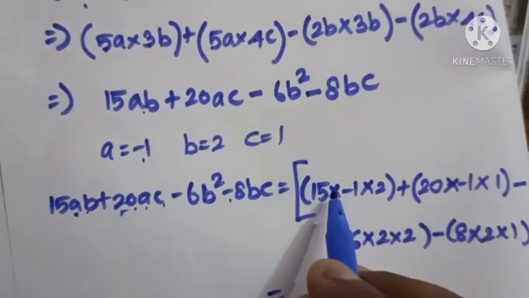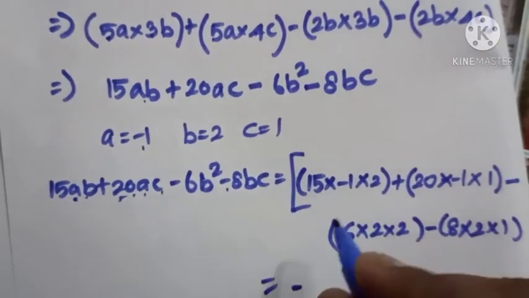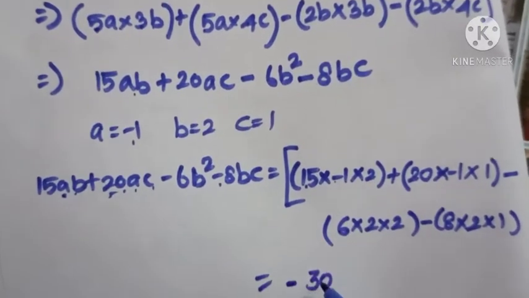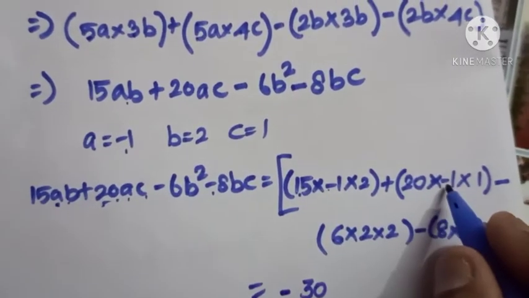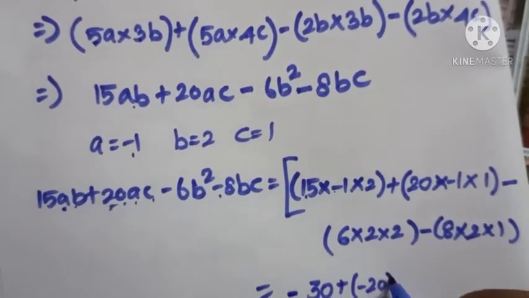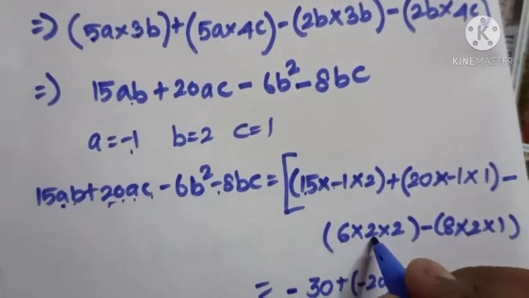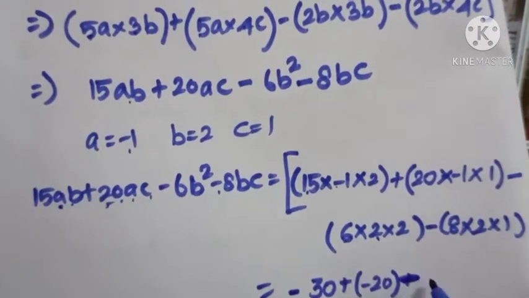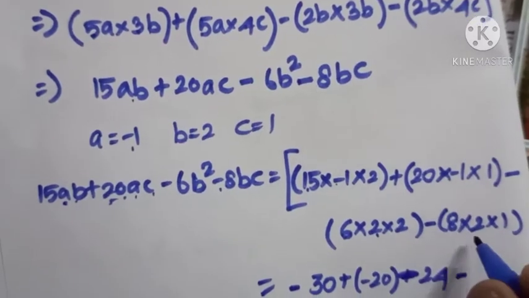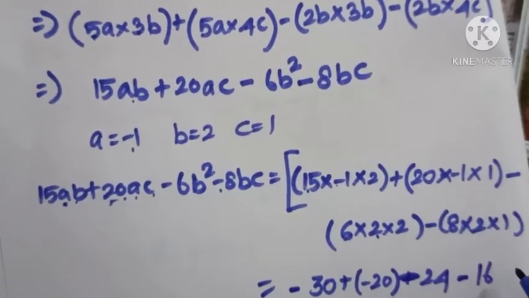Here plus into minus, minus only 1. So minus 15 into 1, 15. So we get minus 30. Here also plus of minus 20. 6 2s are 12, 24. Minus 24. And then minus 16.